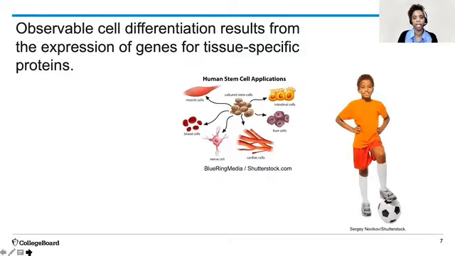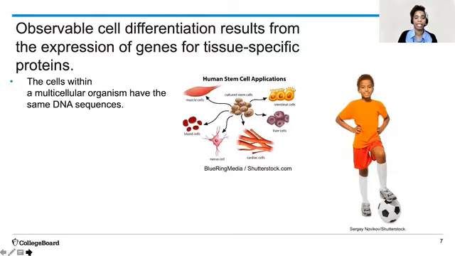Observable cell differentiation results from the expression of genes for tissue-specific proteins. The cells within a multicellular organism have the same DNA sequences. So whether we're talking about muscle cells, blood cells, nerve cells, or liver cells, they all have the same DNA sequences within this particular organism.